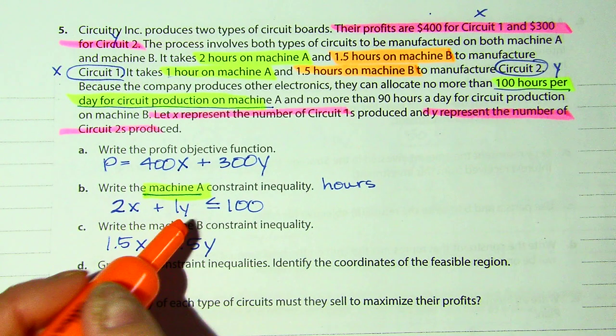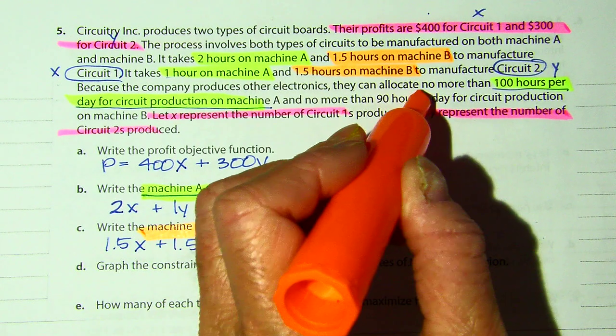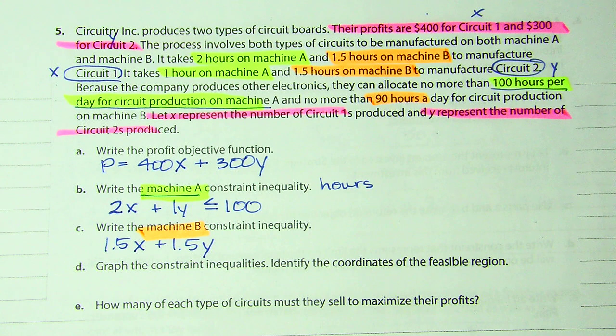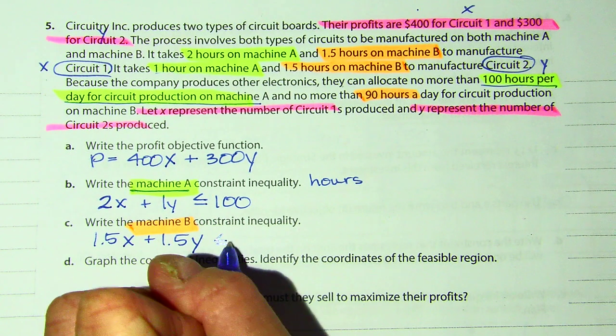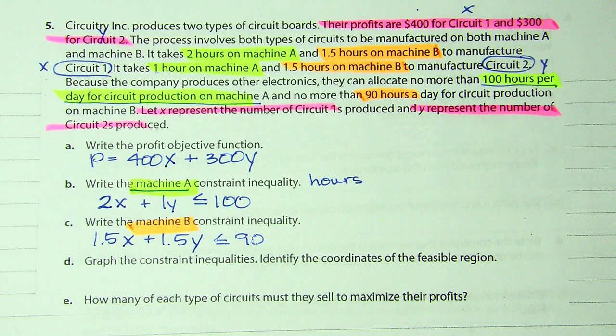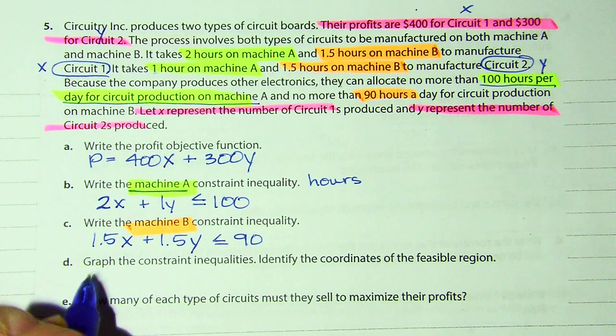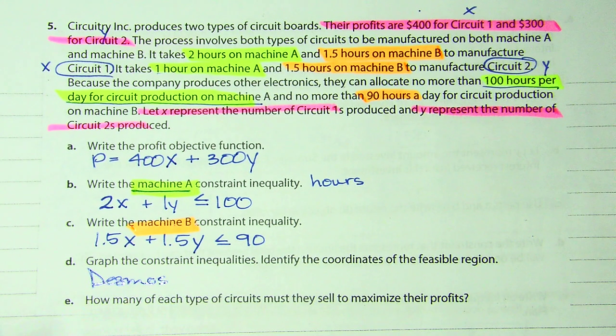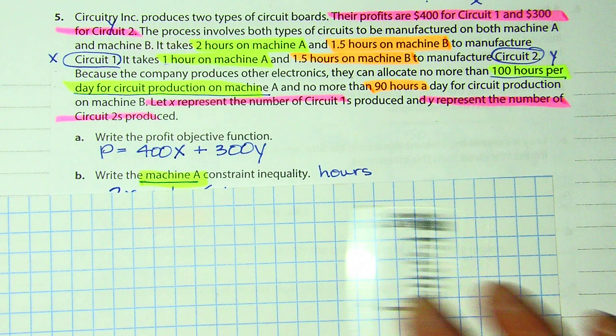Machine B is in orange, and I can allocate no more than 90 hours. So this should say less than or equal to 90. Graph the constraints. So we're going to use Desmos, and I'm going to go ahead and set this up.